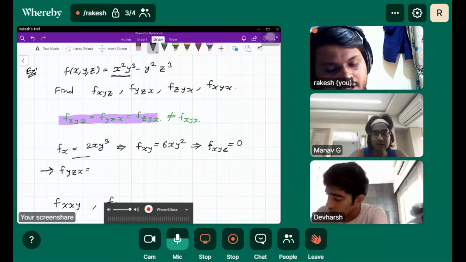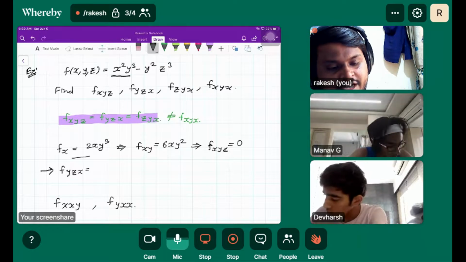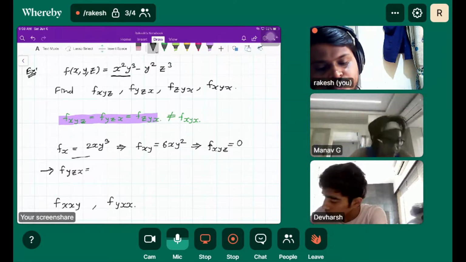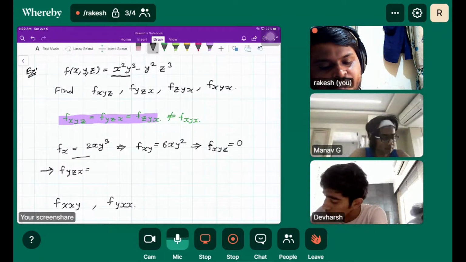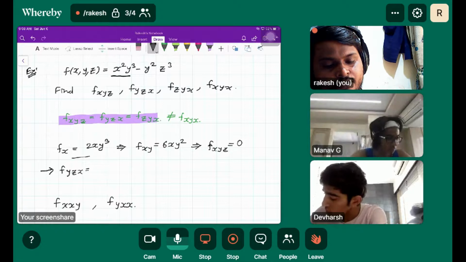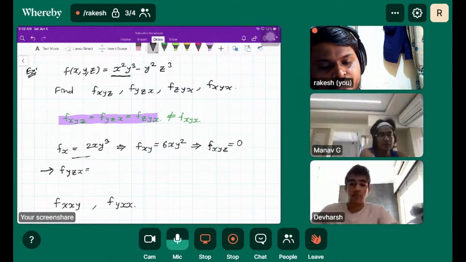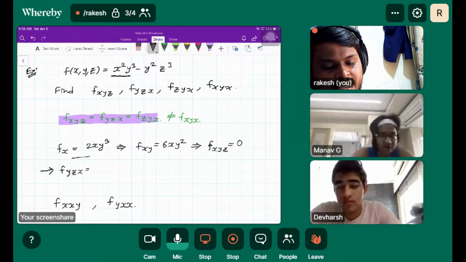For the last one, xyx, with respect to x we already have, with respect to y also we have, so the result is 6y squared.